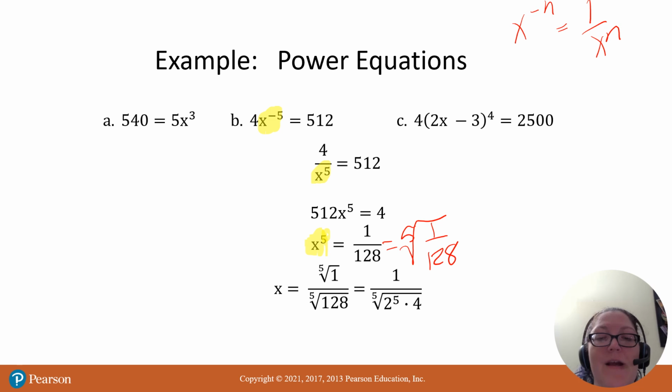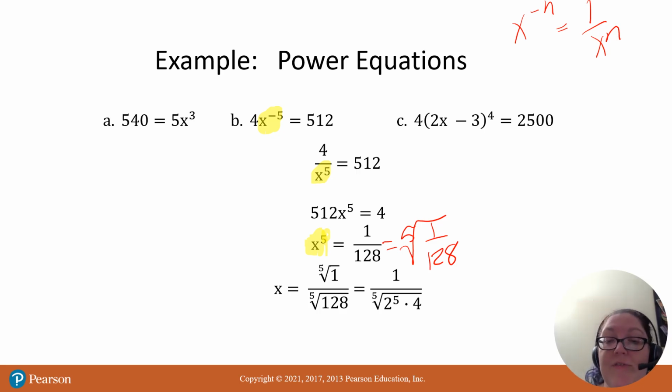This is where I don't know these off the top of my head as well, so I'm going to have to start by simplifying down as best I can. Always start with 2 to the power of whatever the root is. In my case here, I'm going to start with 2 to the 5th, and I'm going to take 128 divided by 2 to the 5th, which ends up being 4.